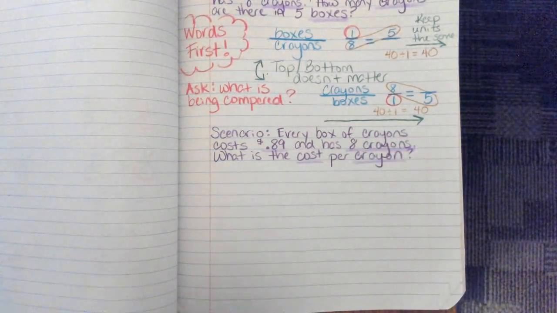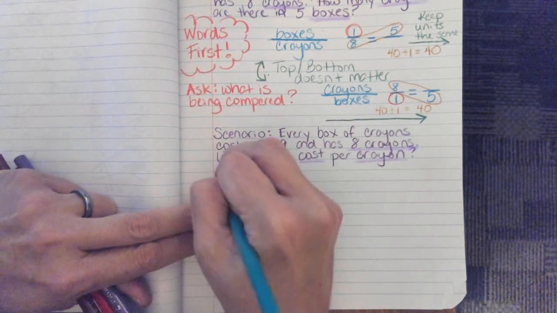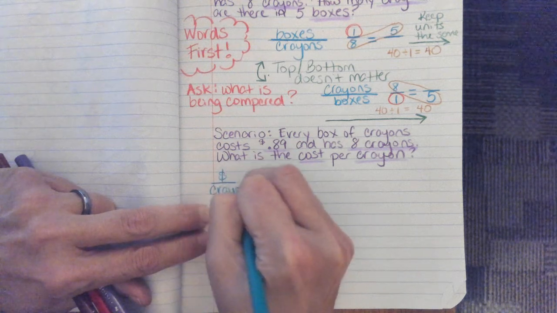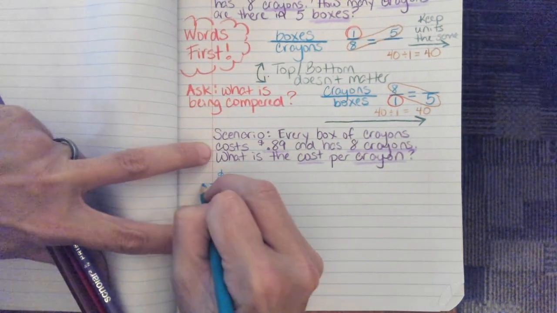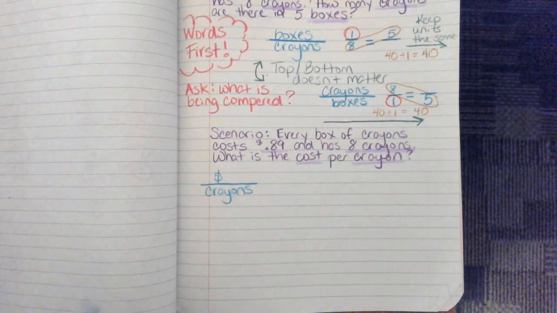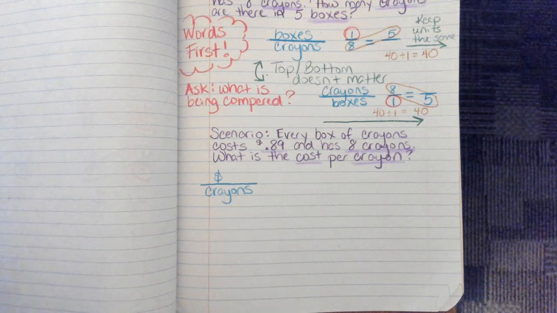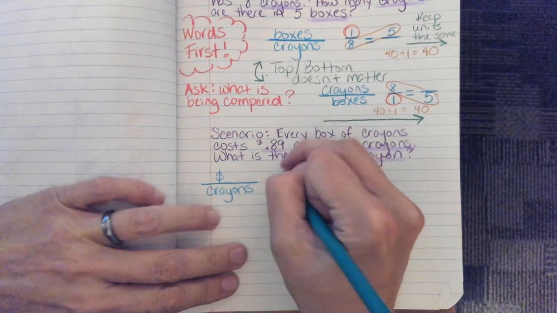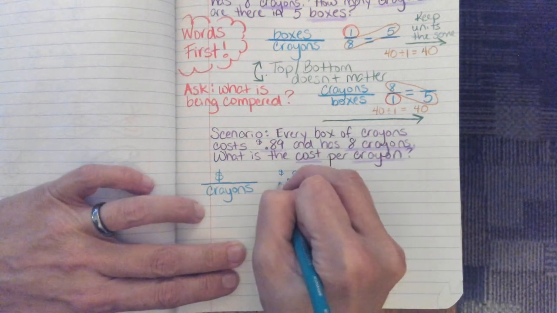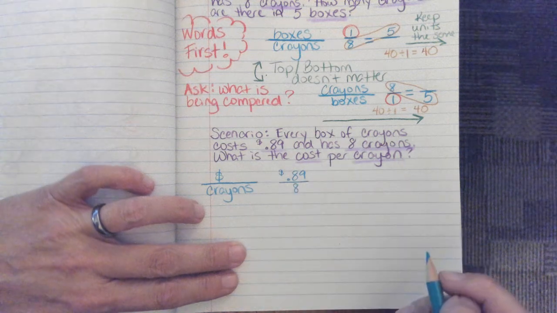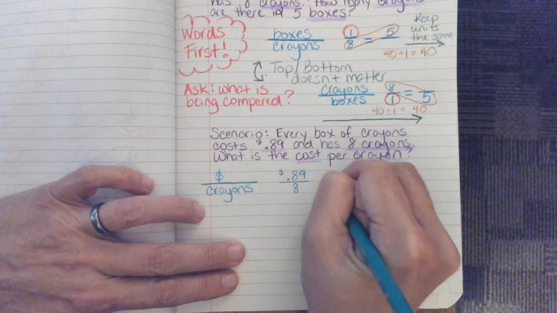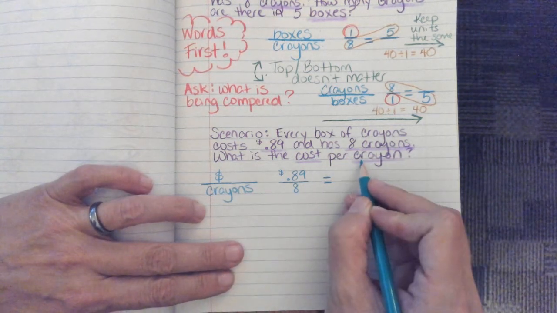So I am comparing money to crayons. I'm going to write the words first, and then set up my proportion. What's the money at first? The money is 89 cents, and the number of crayons in that box is 8. Cost is 89 cents for 8. Use my equivalent sign.